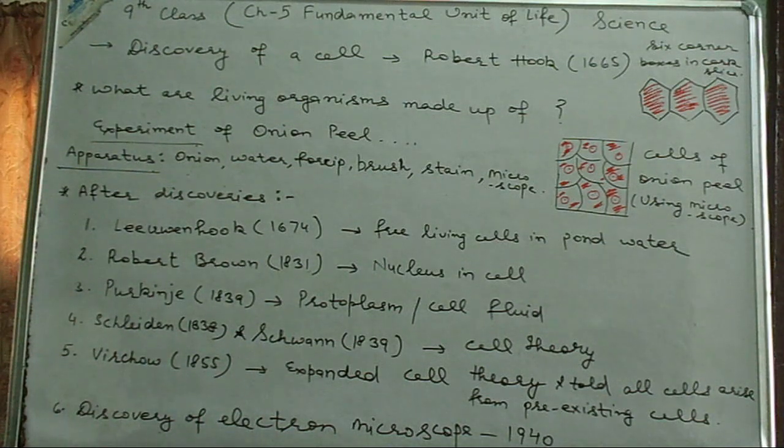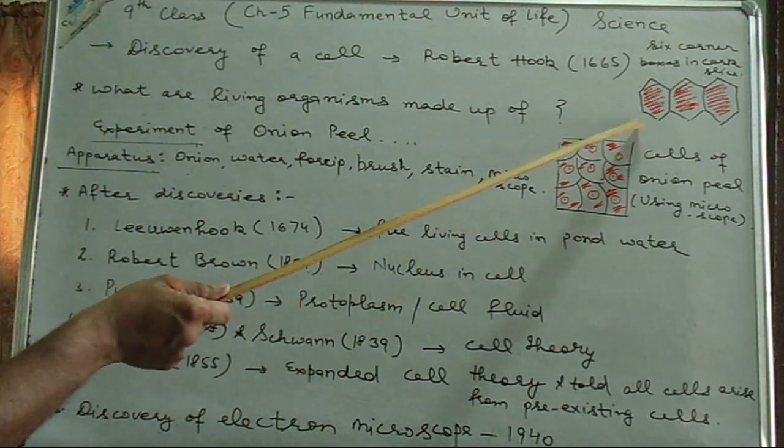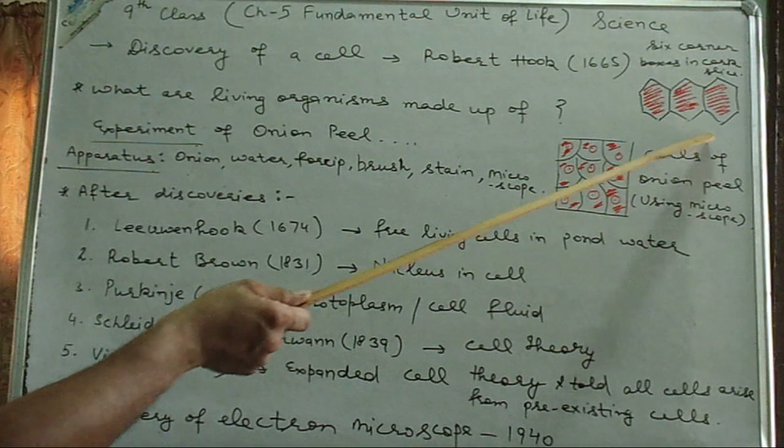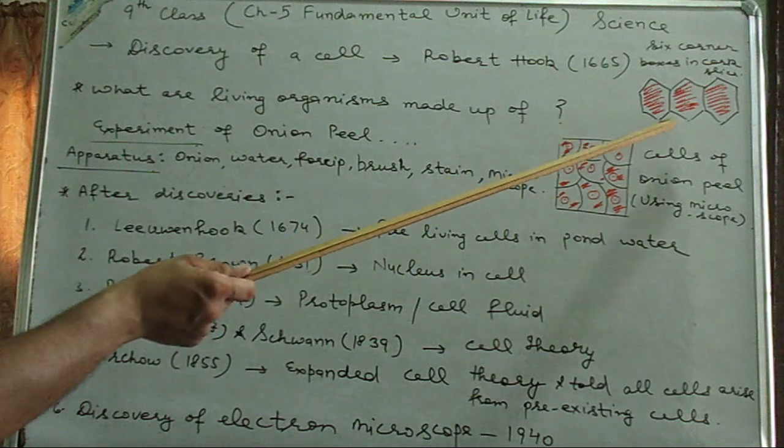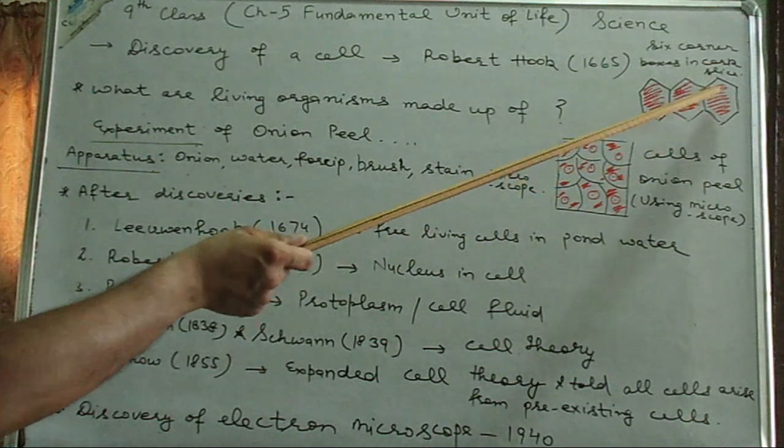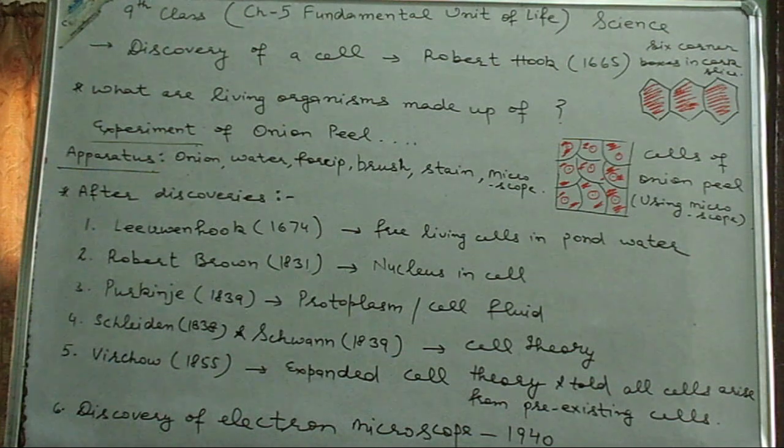What he saw in that cork slice were six-cornered boxes, and he gave each box a name: a cell.